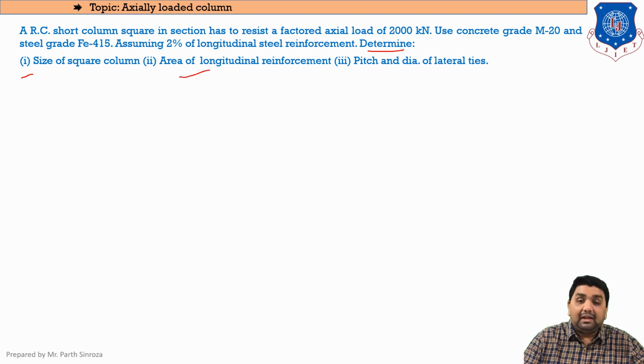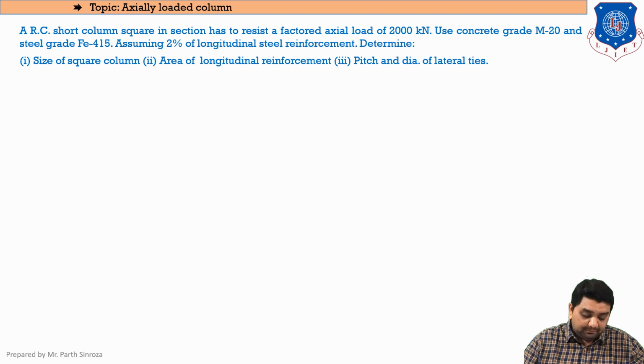The second is the area of longitudinal reinforcement, that is the ASC we will be providing. And the third is the pitch and diameter of lateral ties. These lateral ties will be designed according to the criteria prescribed in the IS code. We will look further into it, and we need to find the pitch and diameter from this example.